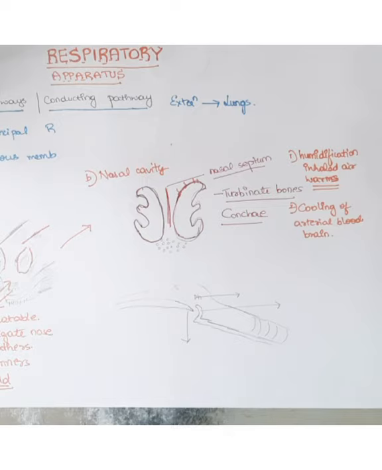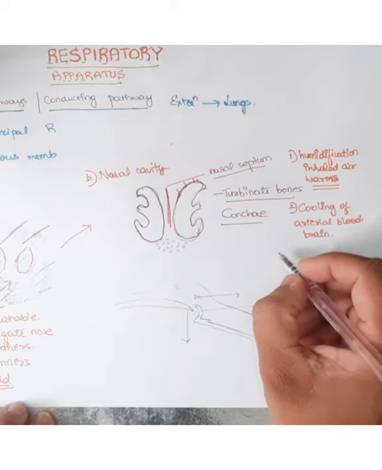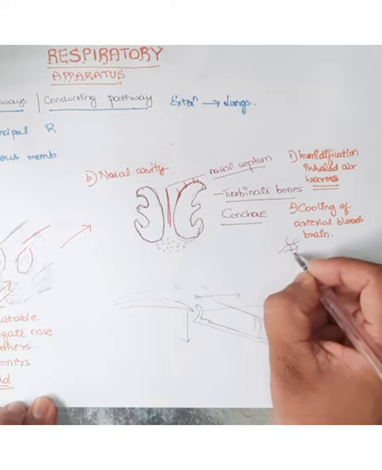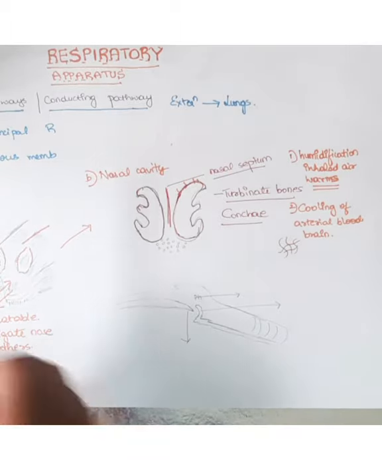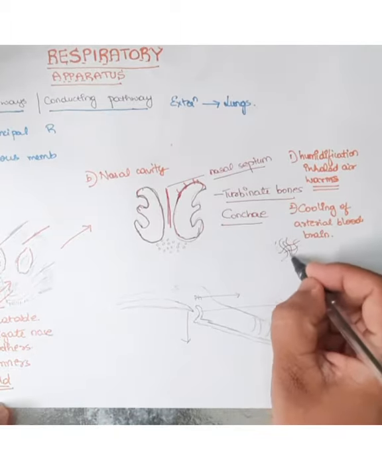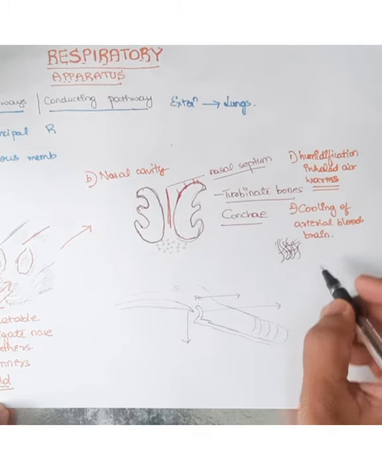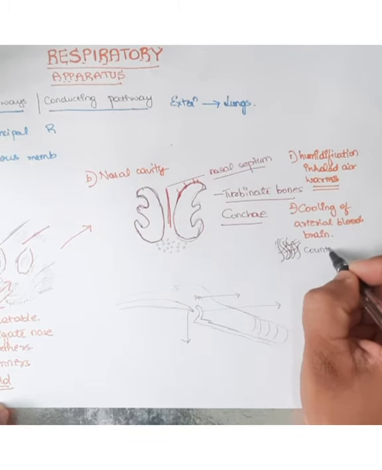We know the arterial blood carries warm blood, so before it reaches the brain, it has to be cooled down. So turbinate bones also help in cooling down of the blood so that the smaller arteries are embedded in the venous system so that the heat exchange occurs by a counter current mechanism.